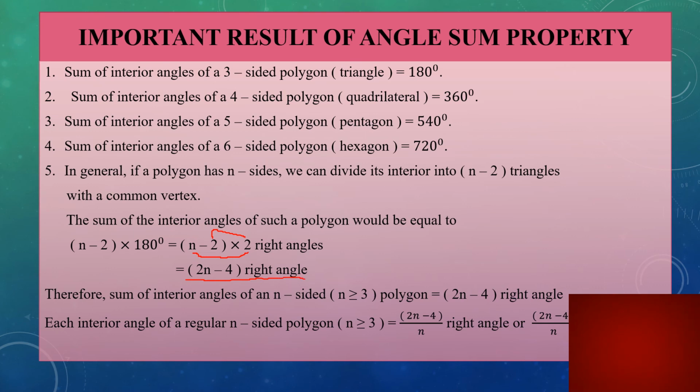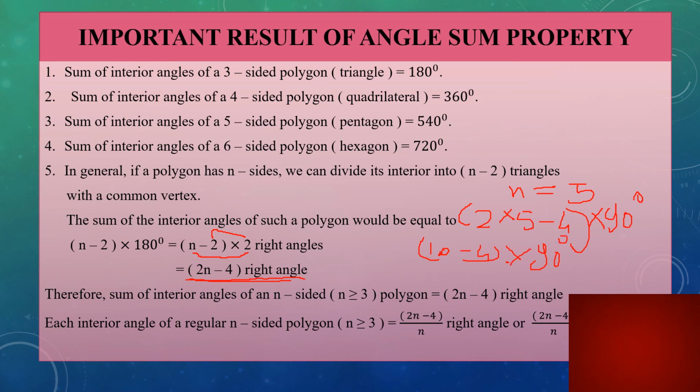Let's take one example. For example, n, the number of sides, is 5. Then how much is the sum of interior angles? So n is 5. Put that n value in this equation. So we get 2 into 5 minus 4, into right angle, which means 90 degrees. So we get here (10 minus 4) into 90 degrees.